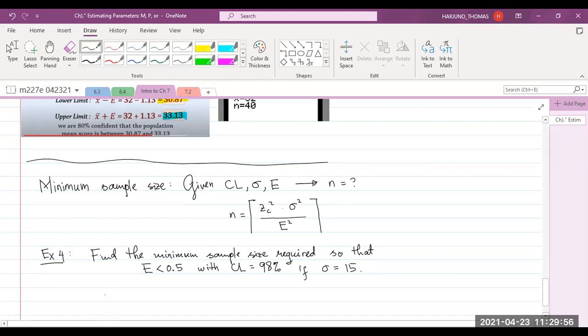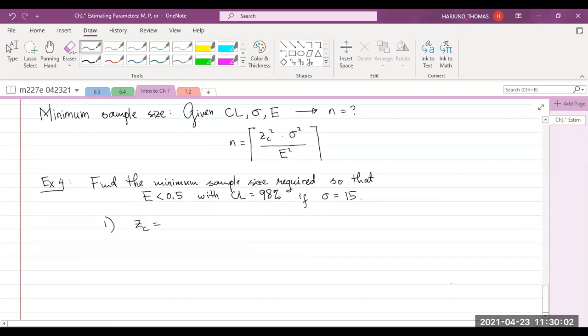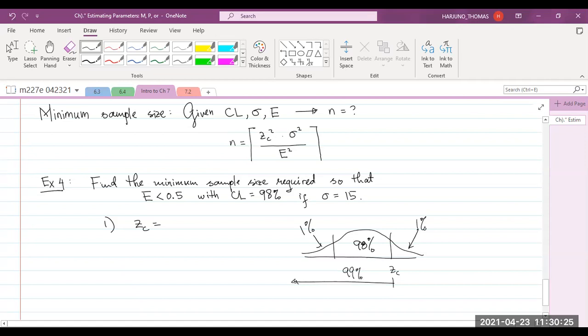The first step will be to decide what is the critical value. If we have 98% confidence level, it means the area in the middle is 98%. The remaining 2% being shared by two tails, each tail is 1%. So the critical value with area to the left 99%, right?